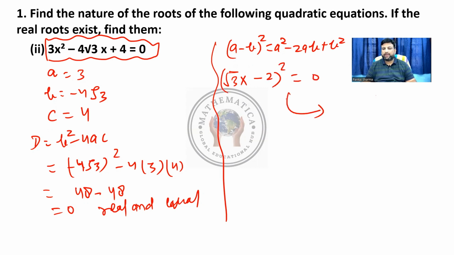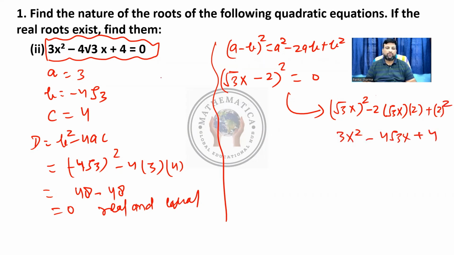If you expand it, you get (√3x)² − 2 × √3x × 2 + 2², which becomes 3x² − 4√3x + 4. So it is equivalent to the same equation.